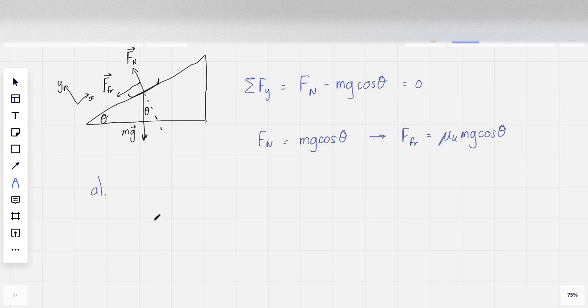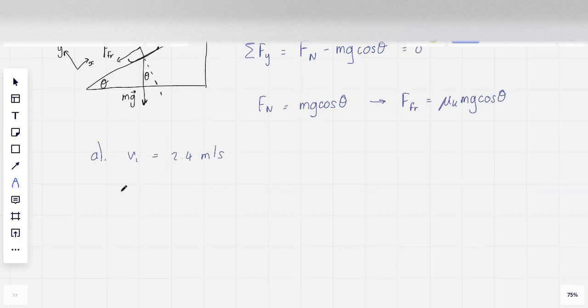So we can apply the conservation of energy with a frictional force, and we'll use subscript 1 to refer to the sled at the start of the motion, and subscript 2 refers to the sled at the top of its motion. So if we take the starting position to be the 0 for gravitational potential energy, we have v1 is equal to 2.4 meters per second, y1 is equal to 0, and the final velocity at the top of its motion, v2, is equal to 0.